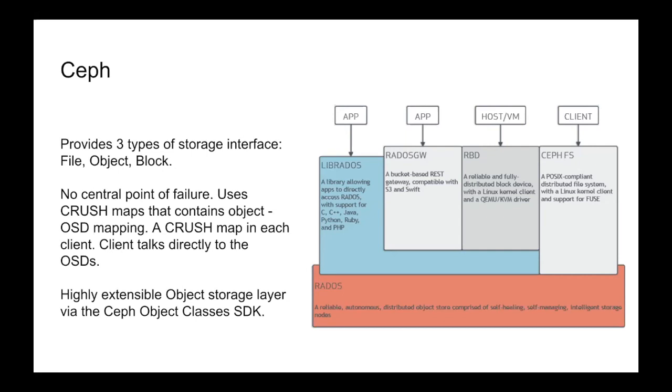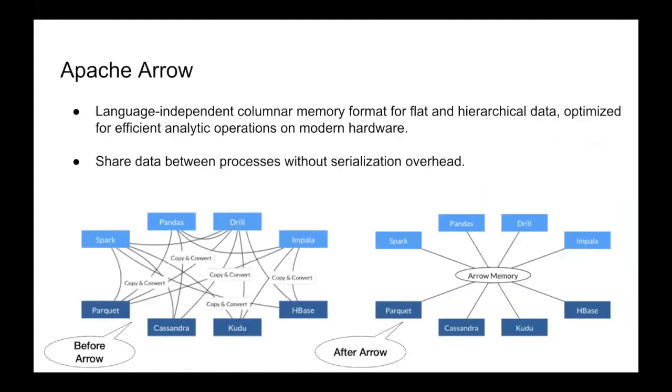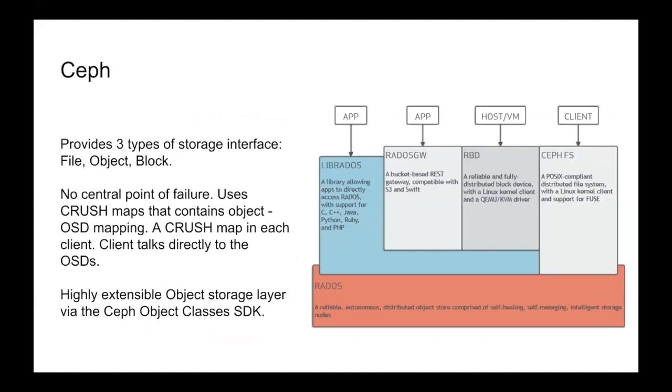In that way, you can embed custom functionality inside the object storage layer, and modify objects or access objects according to your application needs. That's one of the most important features that we leverage while building Skyhook.